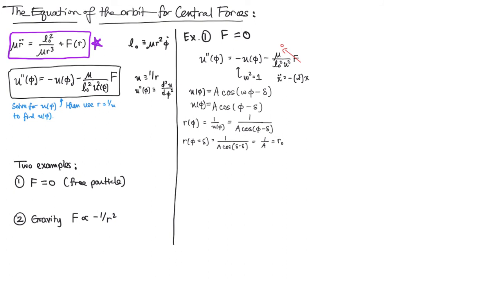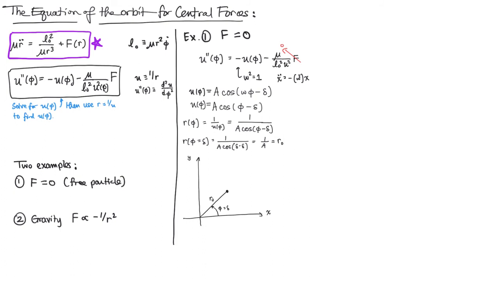So if you'd like, we can make a plot here. Maybe this is our xy plane, and we can say there's some separation from the origin r naught that applies when the angle phi is equal to delta. That's a point.